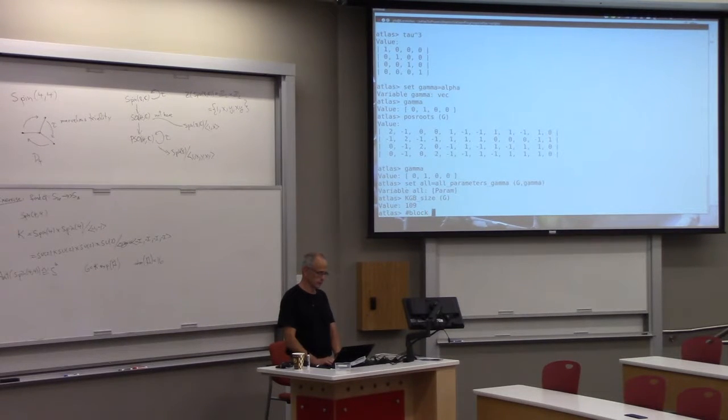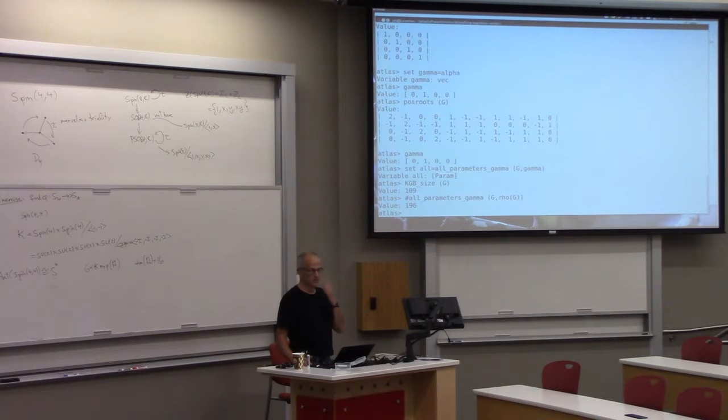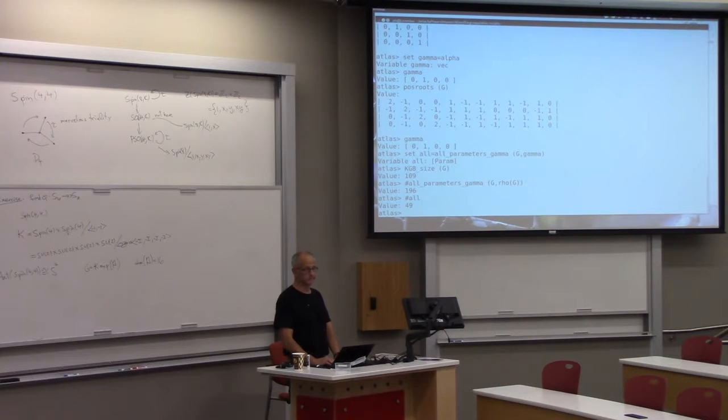Sharp block of all parameters of G at rho. They're 196 at infinitesimal character rho, so it's something less than that. Anyway, 49. Is that more or less than you expected? Less. Okay.